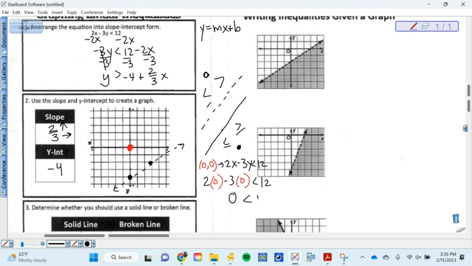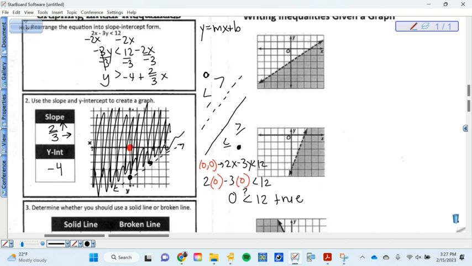So I end up with 0 is less than 12. And again, I'm asking, is this true or is this false? It's true, right? 0 is in fact less than 12. Therefore, since 0, 0 is a solution, that means all the points up here on the same side as 0, 0 are the solution. So I shade this whole top chunk.